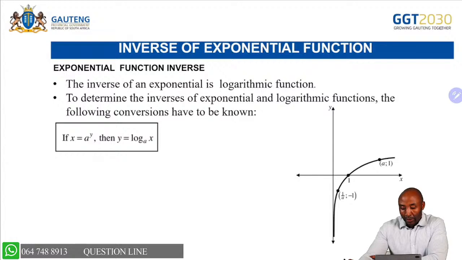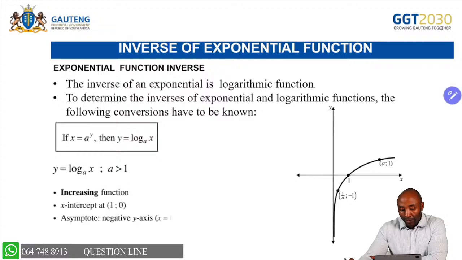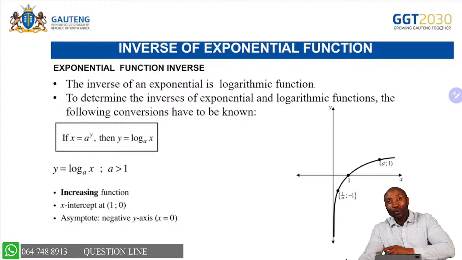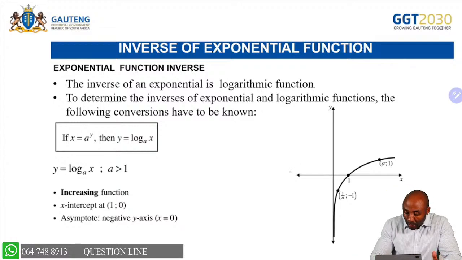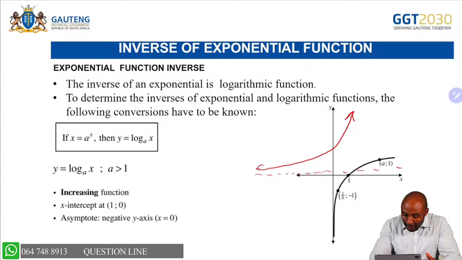Our exponential function, when our a is greater than 1, we know that this becomes our asymptote, and we know that our function will be an increasing function like that, and in most cases it will always pass through 0 and 1.